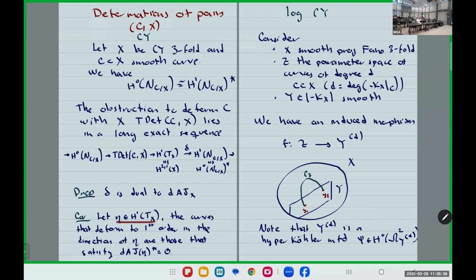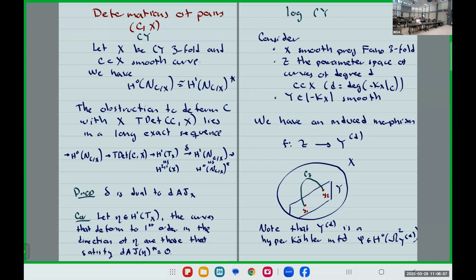If you take a direction theta in the tangent space of the universal family of deformations, the curves that deform to first order in the direction of theta are those that satisfy that they vanish under the dual of the differential of the Abel-Jacobi map. So now this is the result that we want to obtain in the relative case.